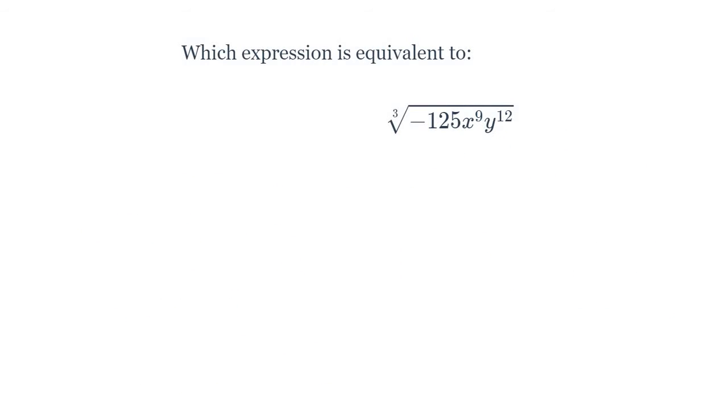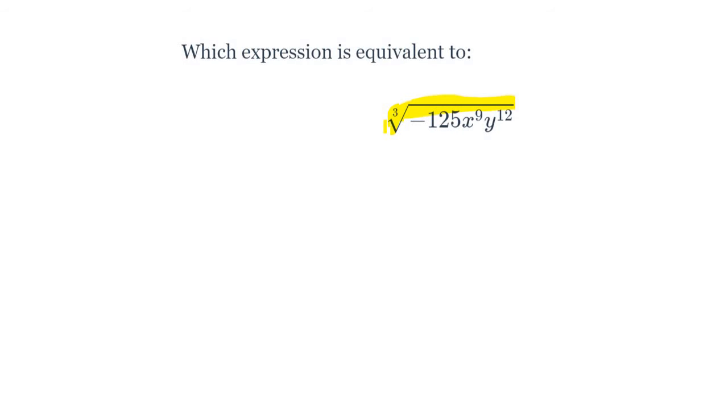Here is the next example, where you have to write the equivalent for this one. As in the previous example, all you need to do is replace this root by its rational exponent form.